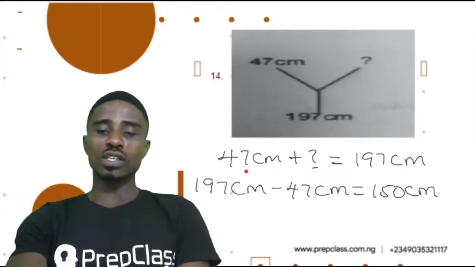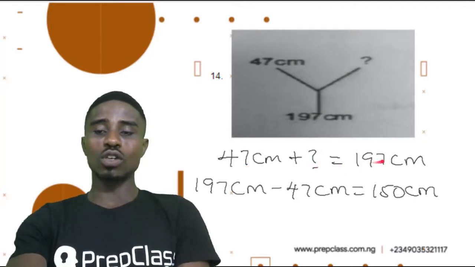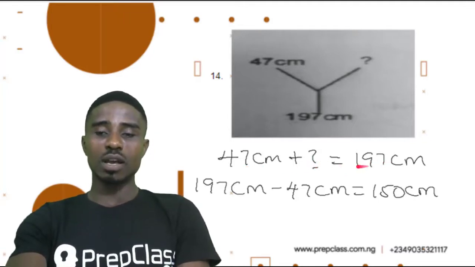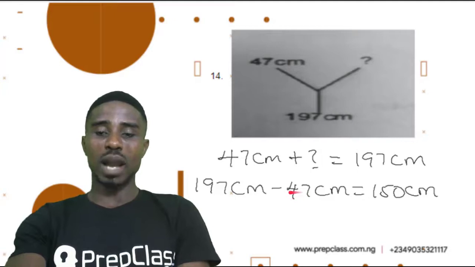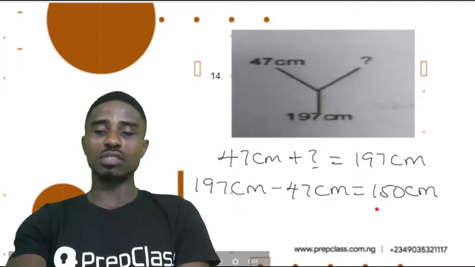Let's check it out. So 147 centimeter plus this should give us 197 centimeter. But since we don't have this, we've been asked to find this. We're going to say 197 centimeter minus 47 centimeter, and that will be equal to 150 centimeter.